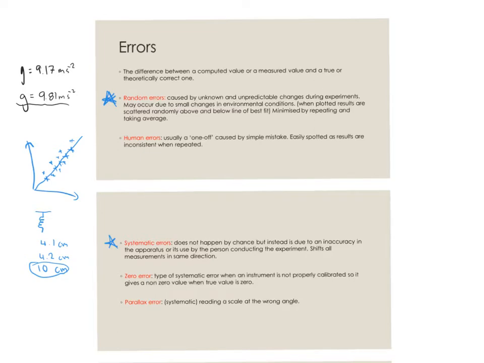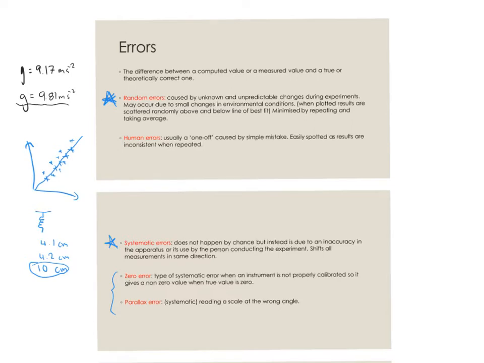You'll see two examples below of what could cause that. What it does is shift all the measurements in the same direction. For example, a zero error is a type of systematic error where an instrument is not properly calibrated, so it gives a non-zero value when the true value is supposed to be zero.